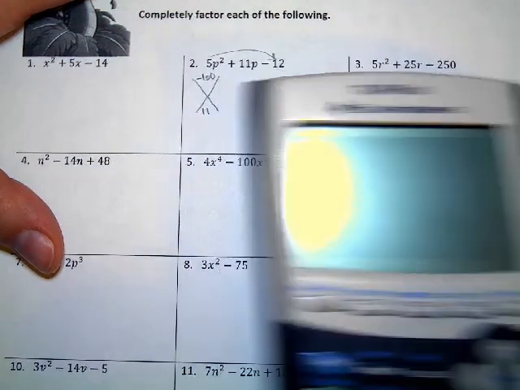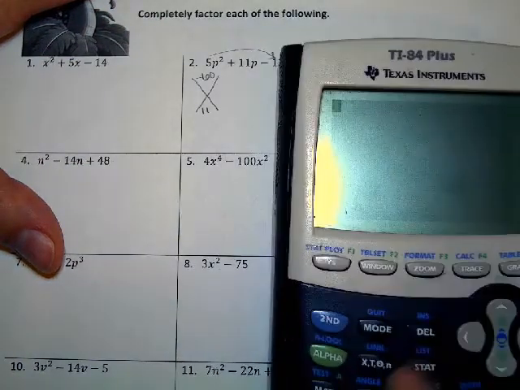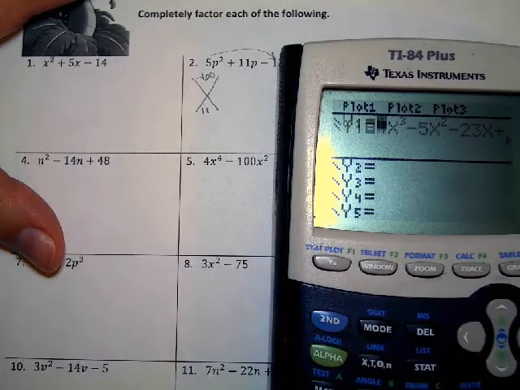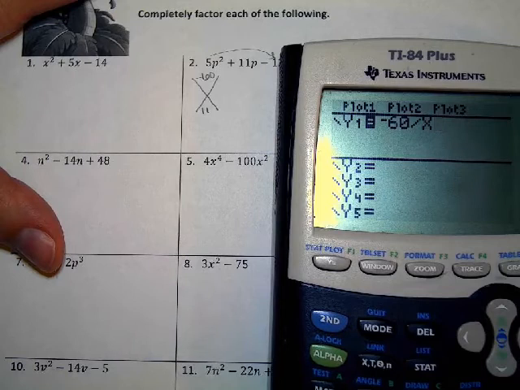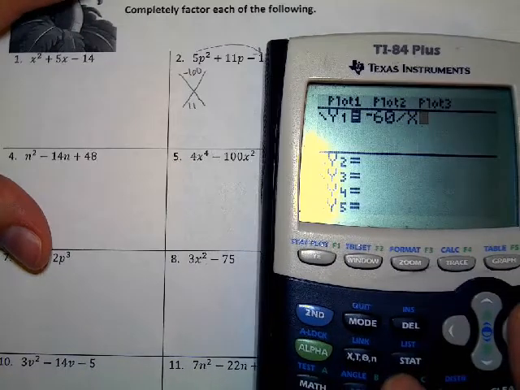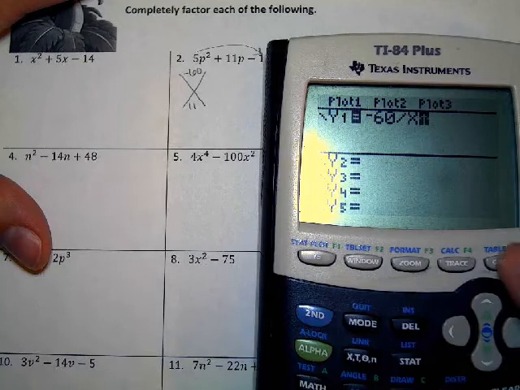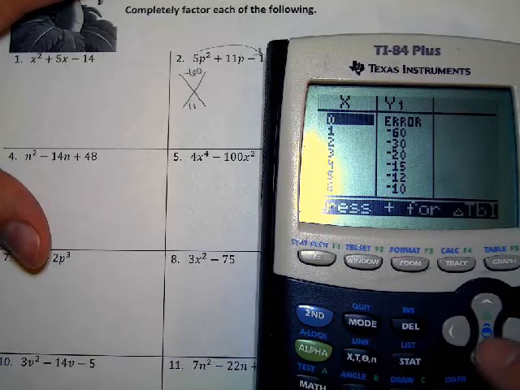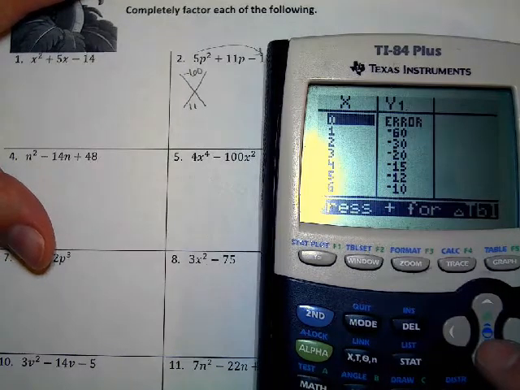Do not say them out loud if you know. So if you're not sure what they are, you can do -60 divided by x. And then you can hit second graph. And there's all your options.